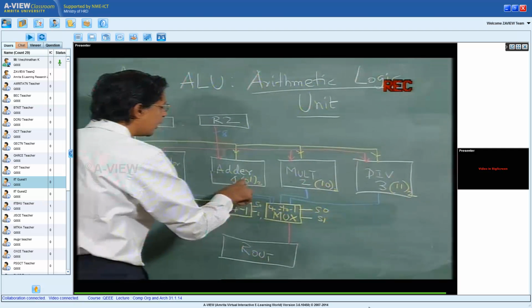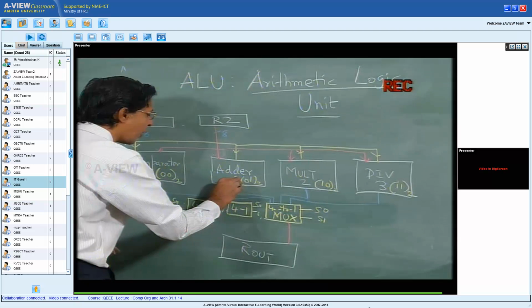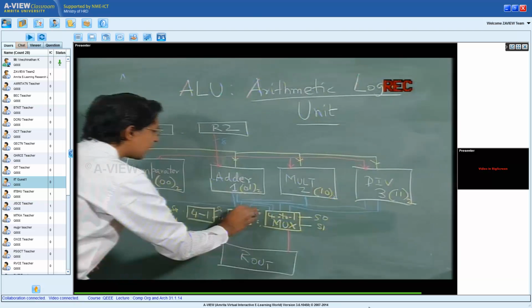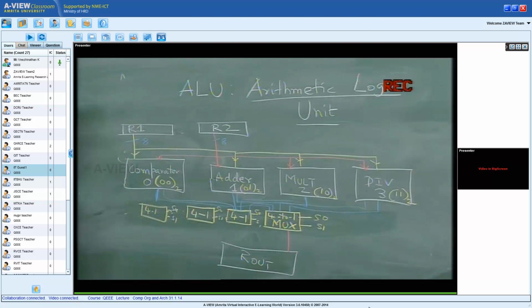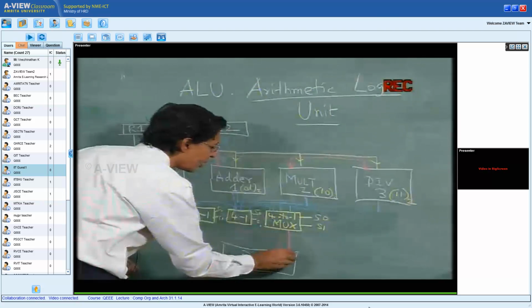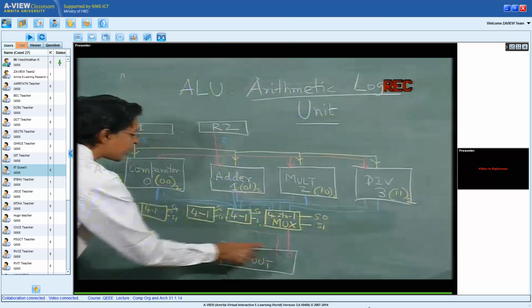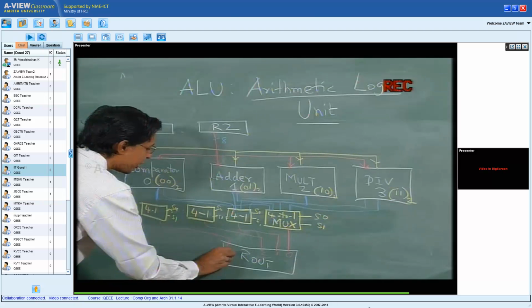So, the 0th line of each is connected to this, the first line of each one of this would be connected to this, the second line to this, and so on from 0 to 15th line, and each one of this output will go to the 0th flip flop of this register, the first flip flop, the second flip flop, and it will be the 15th.